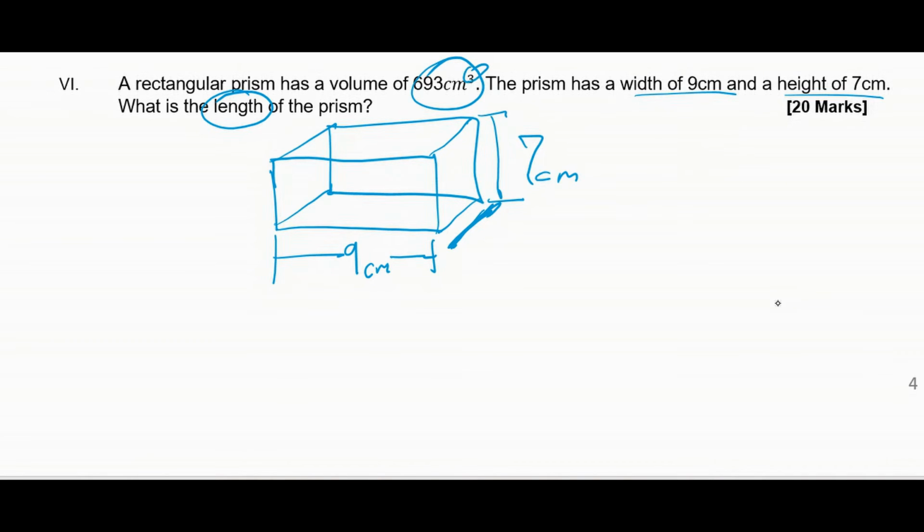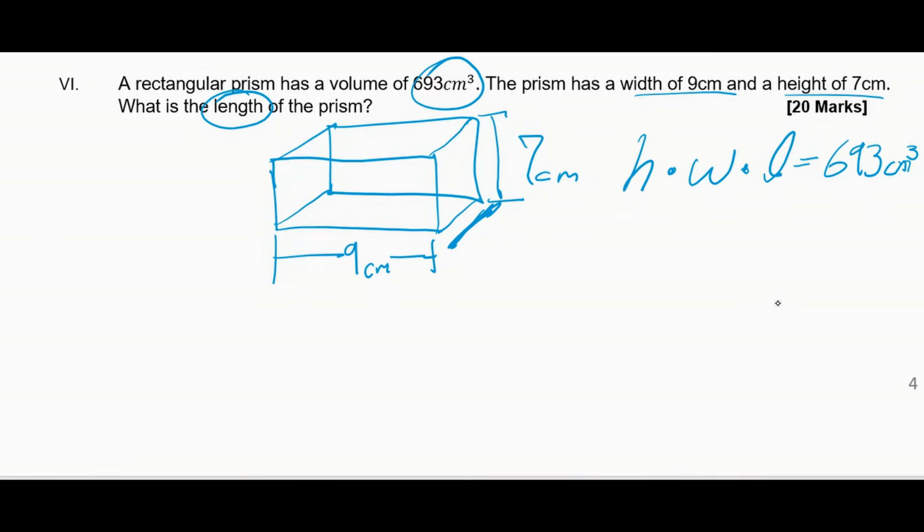It is with the exponent 3, so it is cubic, right? And we know volume is height times width times length. Now, in this case, 693 cubic centimeters.